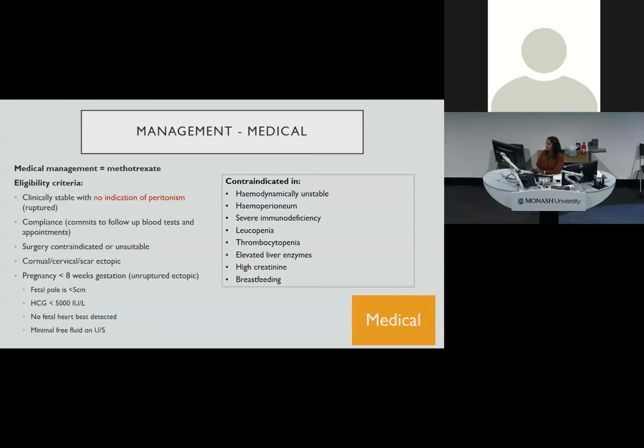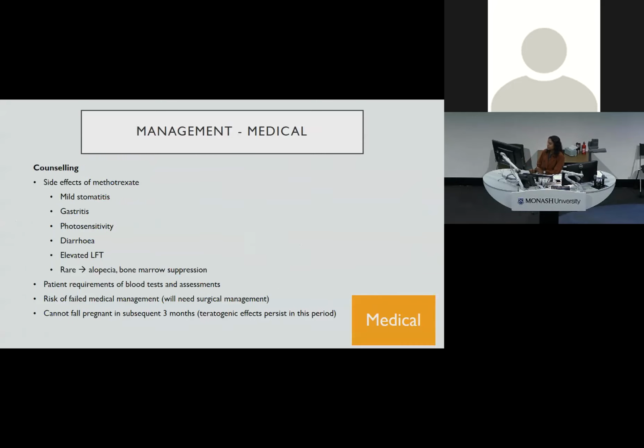If they have immunodeficiencies, leukopenia, thrombocytopenia, you'd be prompting them to have surgery, just because methotrexate has side effects that can lead to those blood anomalies, and that also includes elevated liver enzymes and high creatinine. So those are also side effects of methotrexate, which is why if they already have these, you don't really want to give methotrexate as well. And if they're also breastfeeding at the same time, you choose surgical management.